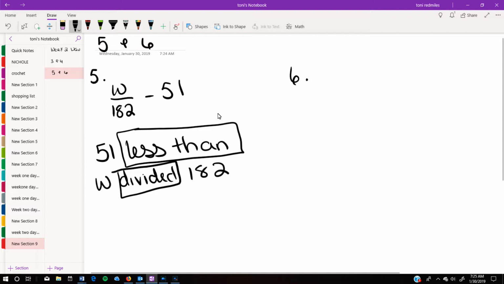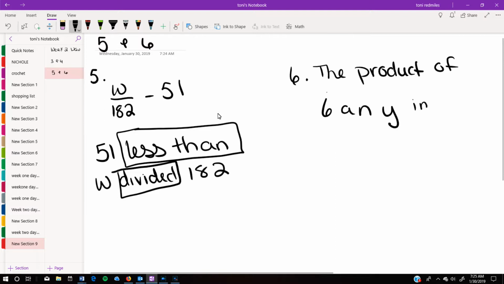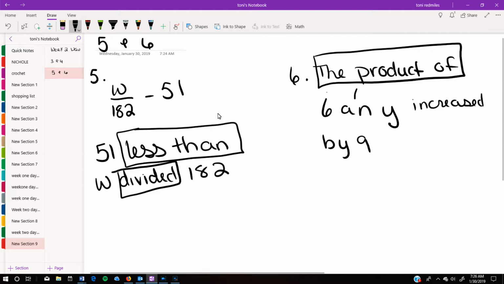All right, so now we're going to write the algebraic expression. So the product of 6 and y increased by 9. Okay, I know that the product of means parentheses.